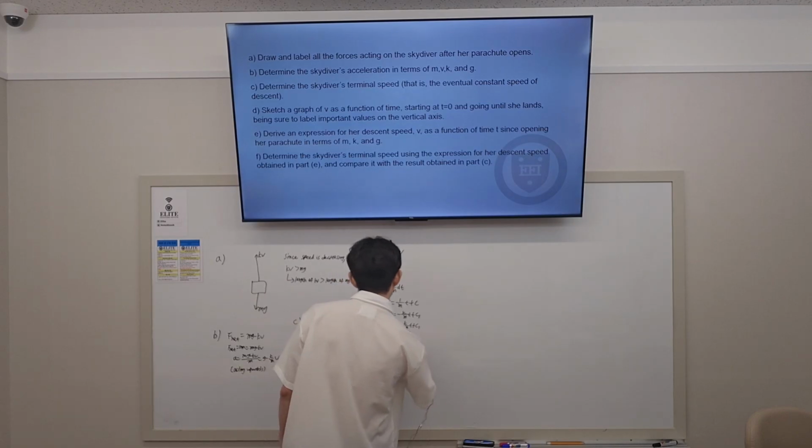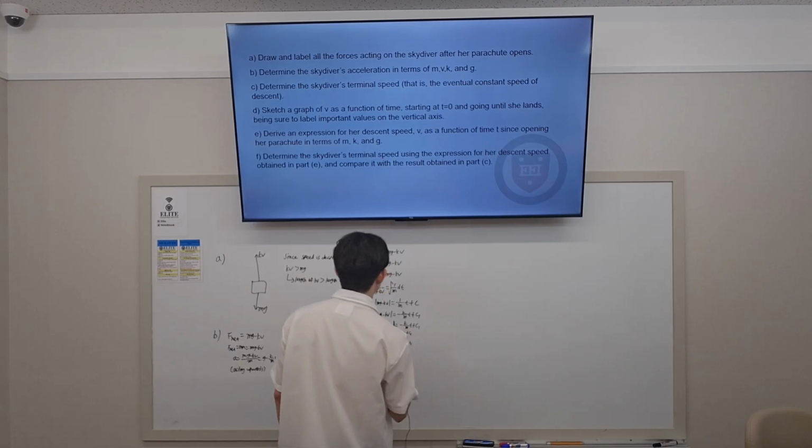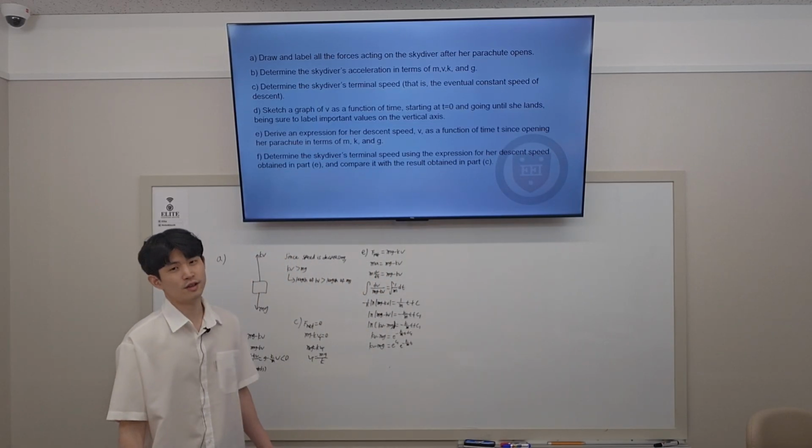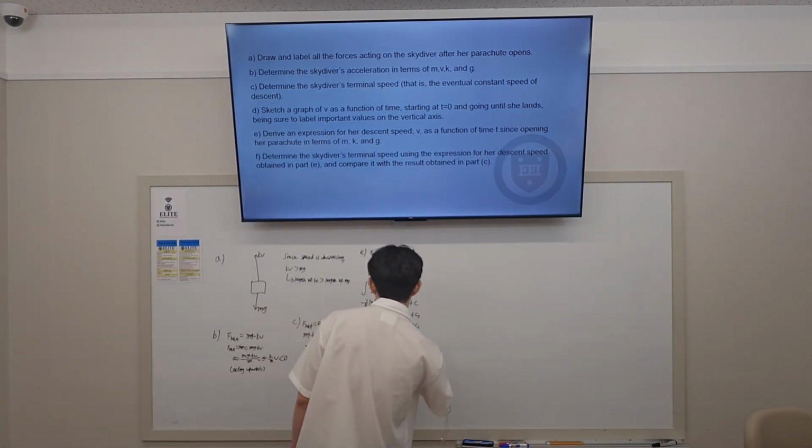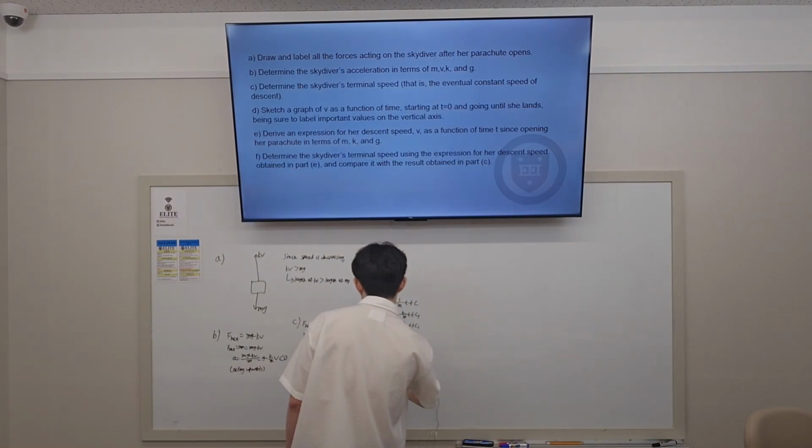This one actually is equivalent to e to the power of c1 times e to the power of minus k over m t. But instead of writing it like this, because e to the power of c1 is also a constant, you can just write it as this. And you have to solve for v here.